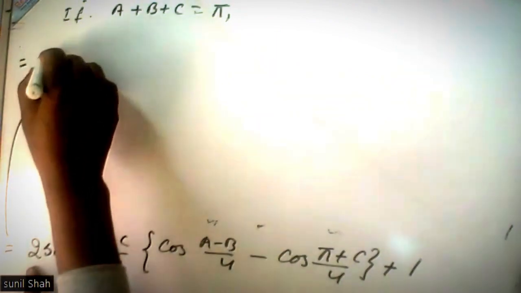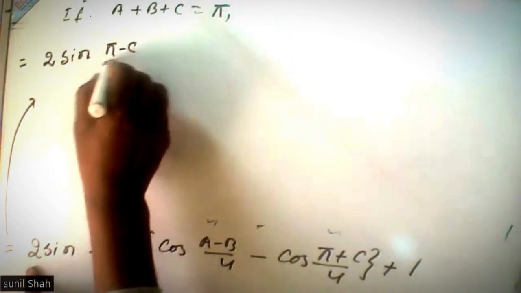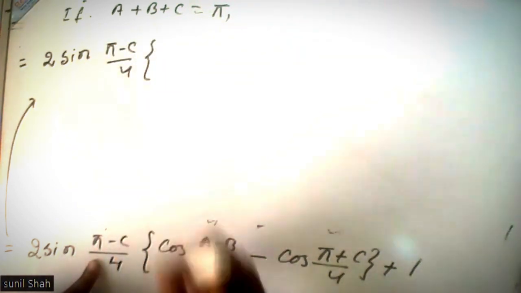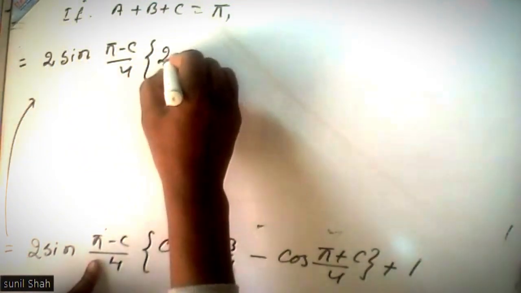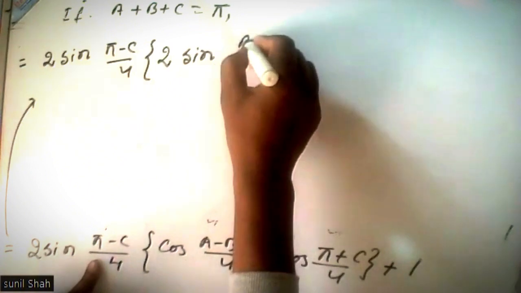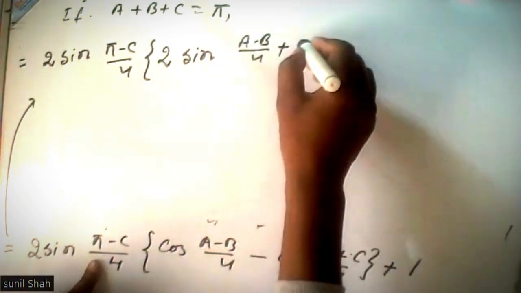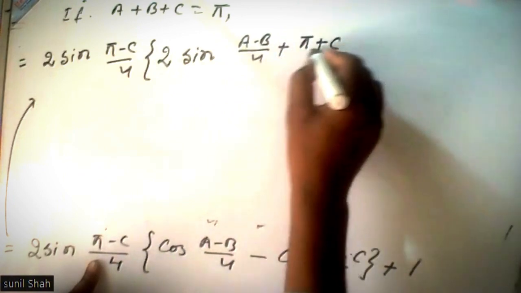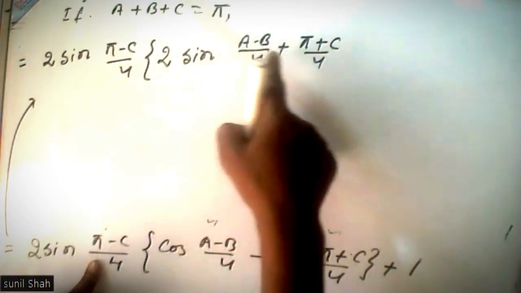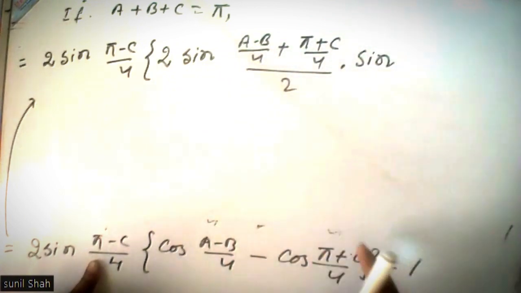After this, we have 2 sine (pi minus C)/4 into cos C minus cos D, 2 sine (C+D)/2, where C is (A-B)/4 and D is (pi+C)/4. 2 sine (C+D)/2 into sine (D-C)/2.